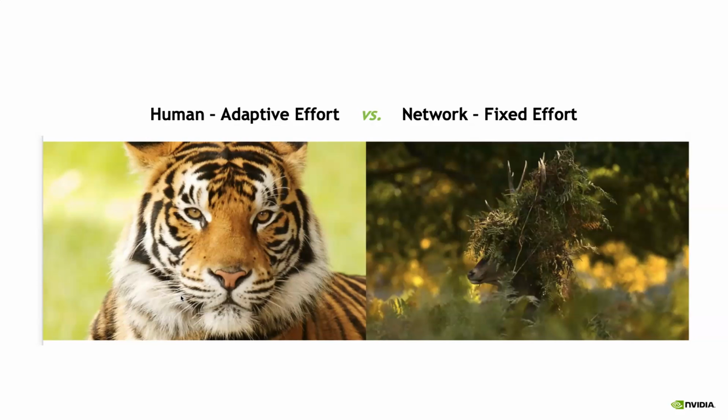If we look at the tiger, for us, it's very easy to tell it's a tiger on the left, versus that camouflaged deer on the right. Because we're able to process this information very differently according to the input context. But across neural networks, oftentimes the networks will give the same amount of computation for all its inputs at all times, which is not efficient and not correct.